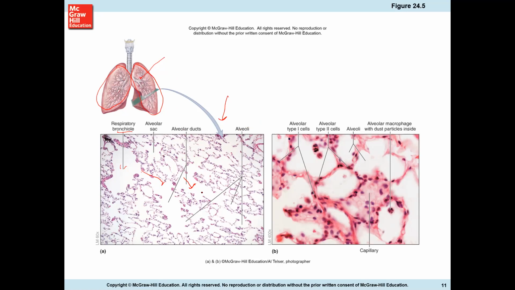And then all of these spaces, like this right here, is an alveolar sac. Each individual cell, like this one right here, is an alveolus. Alveolus is singular. Right? So this is part of an alveolus. This is a whole sac. This is an alveolus. This is a nice alveolar sac right here. This is an alveolar duct.